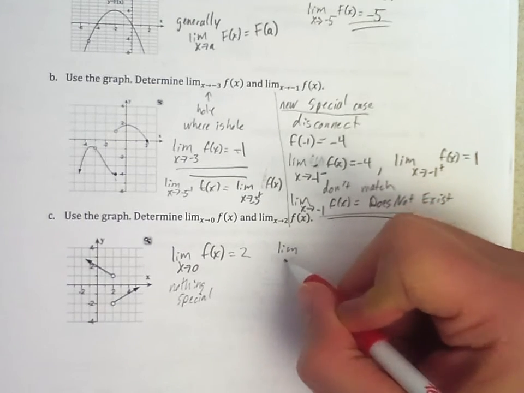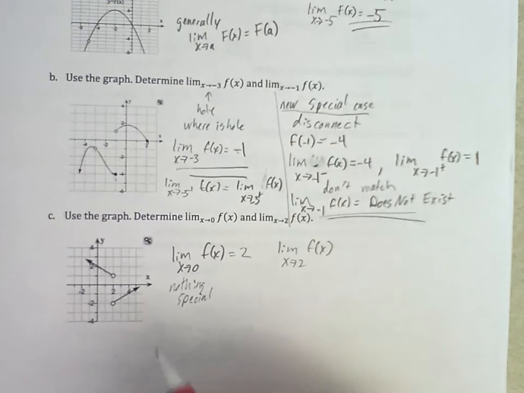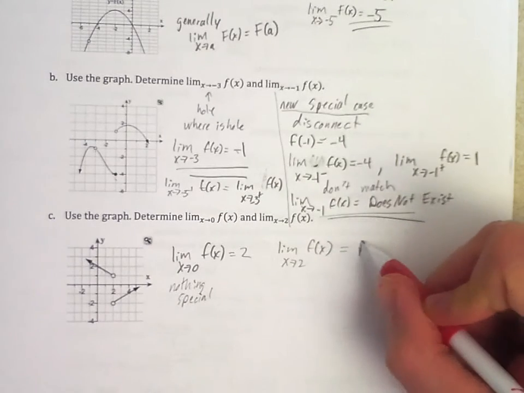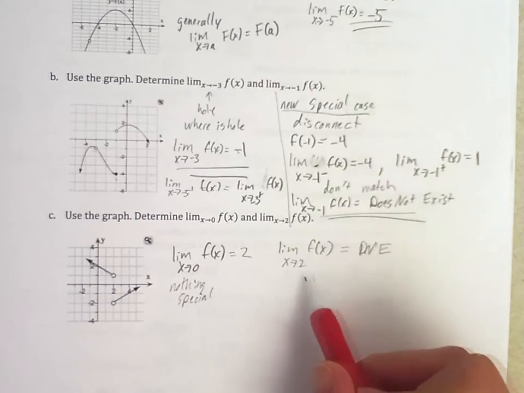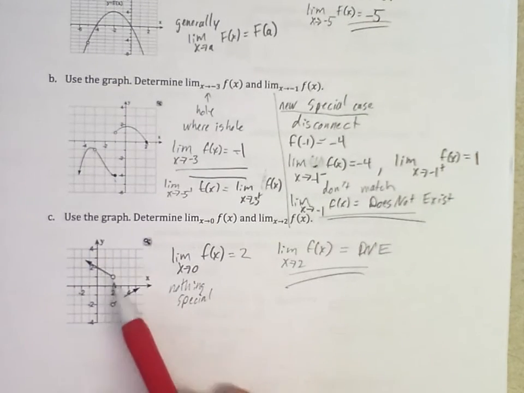The limit as x approaches 2 of f of x, again, we run into the situation. We come from this side, we're heading towards 1. We come from this side, we're heading towards -2. So this one does not exist. Not only does the limit not exist, the function also does not exist there because both of these are holes. So there's actually no function there at all.